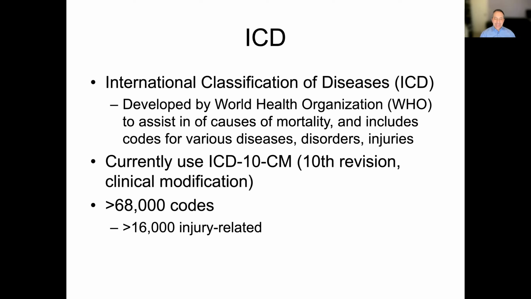It was delayed for a few years, but I think it was mandated around 2013 to 2015 in the United States to be used exclusively. And it was preceded by ICD-9 for many years. There are about 68,000 ICD codes that cover all diseases, disorders, and injuries, and about 16,000 of those are injury related. And we'll talk a little bit about why there are so many.